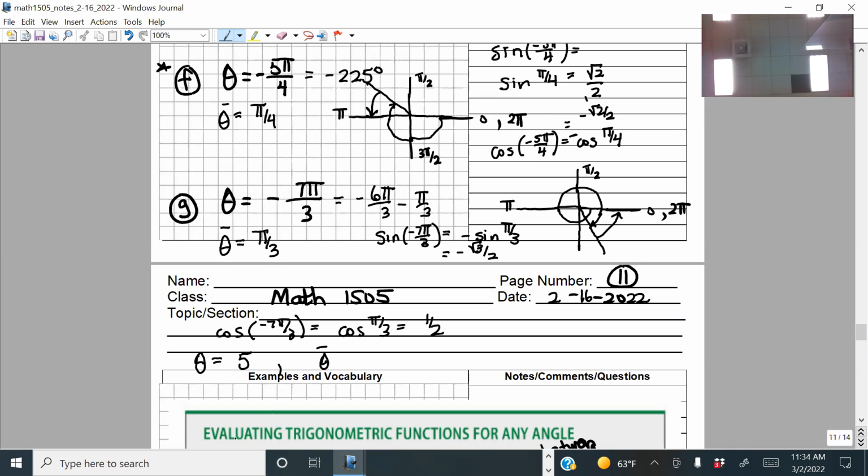Okay. So how would we find the reference angle? Well, let's draw a picture of this. This is positive, right? So this angle is opening in the positive direction. If it went to here, how much would that be in radians?